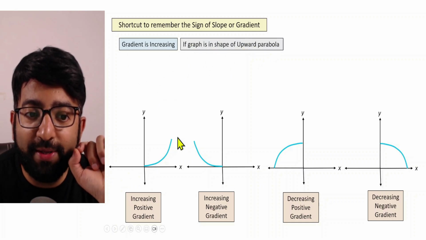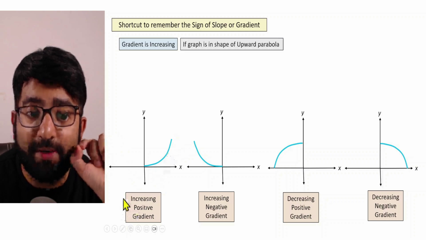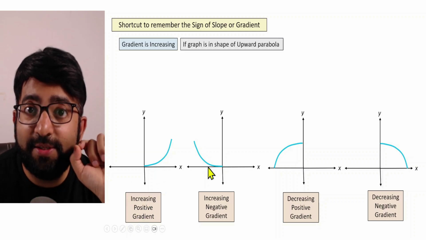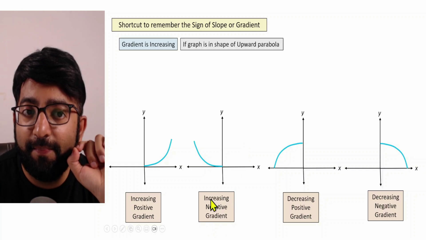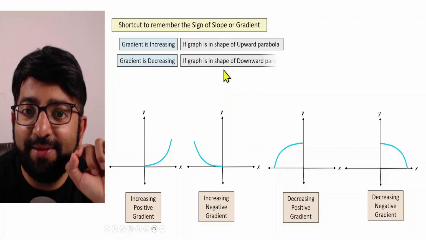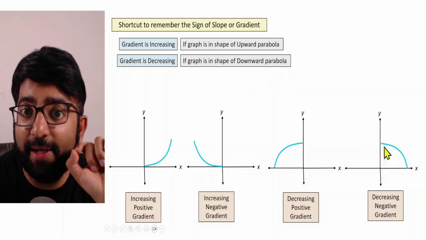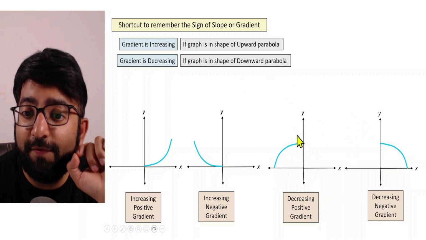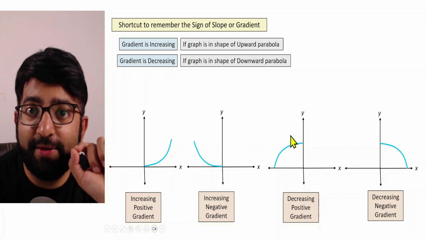So in case 1, you can see this graph is a part of a bigger upward parabola, hence the gradient is increasing. This is also a part of a bigger U, which is an upward parabola. That is why the gradient is increasing. But if the gradient is decreasing, then the graph will be a downward parabola. So as you can see in case 3 and case 4, both of these are parts of downward facing parabolas. Hence the gradient is decreasing in these two cases.